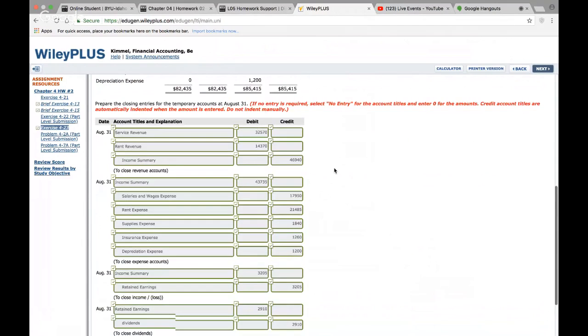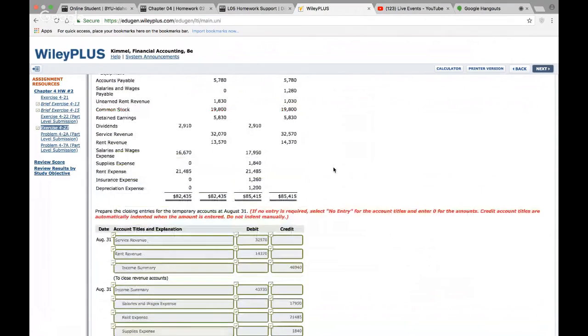I'm going to explain how I got my numbers. The first one, we want to close out the revenue accounts. We have two revenue accounts, a service revenue and a rent revenue. So we're going to enter service revenue and rent revenue over here, and again, we're focusing on the right-hand side.